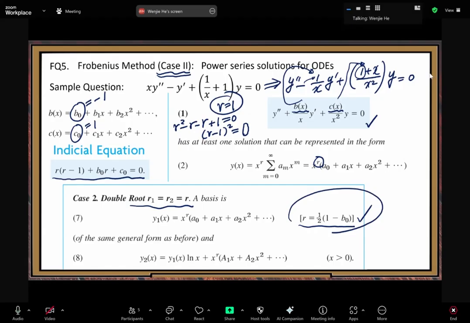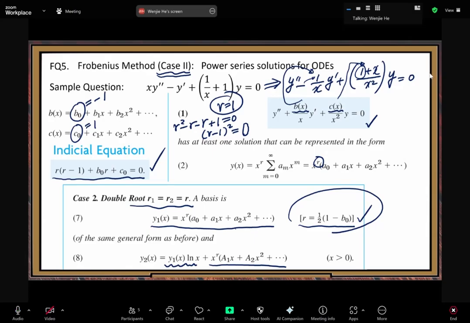But for this one, we see it's a double root, so we need to use this indicial equation to see it. After that, your y1 still has our old form, but for your y2, you need to add a special term.